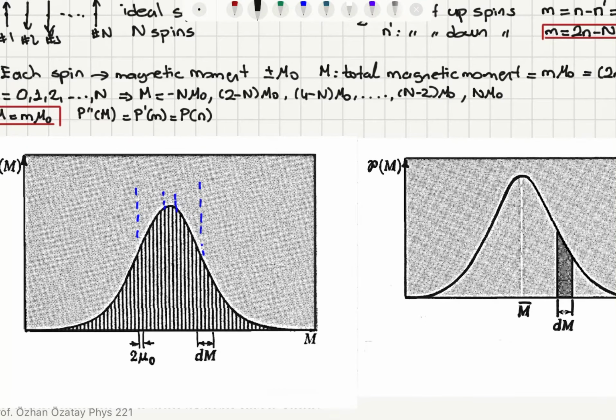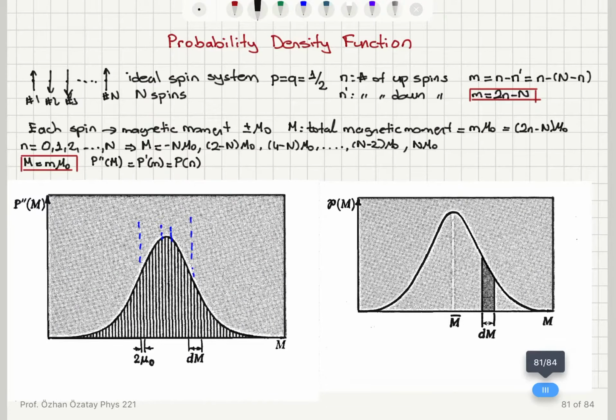So what I notice is that for a large number of spins, for large capital N, except at the extreme values where M is equal to minus N mu 0 and plus N mu 0, the variation is a slow variation. Whenever I have a small interval dM in which I'm looking at the variation in the probability, it's going to be rather small.